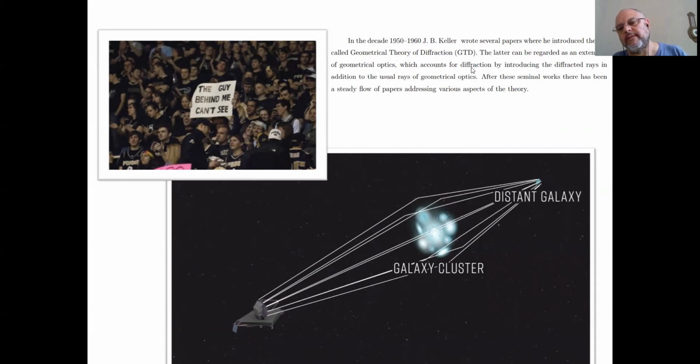So in this problem of gravitational lensing, you have an object emitting light here and a telescope here, and you can see this light is being bent. The rays of light are bent by the presence of this galaxy cluster.